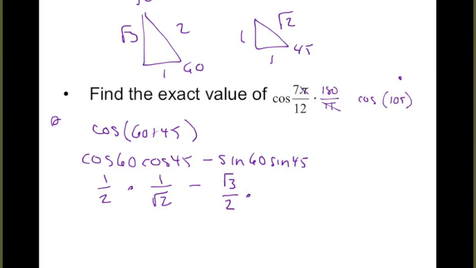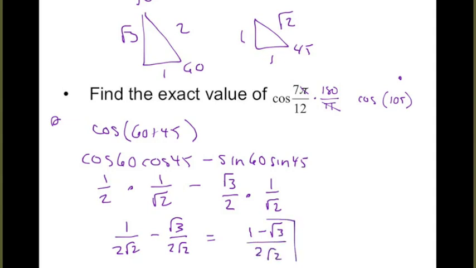And sine of 45 is 1 over square root of 2. We multiply these together. That denominator should always be the same, so we can just put them together over that denominator.